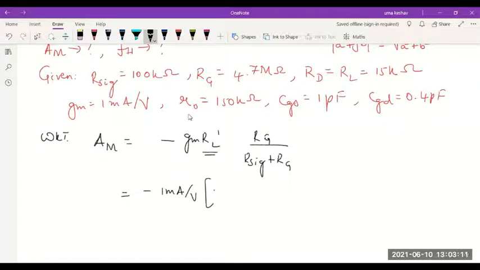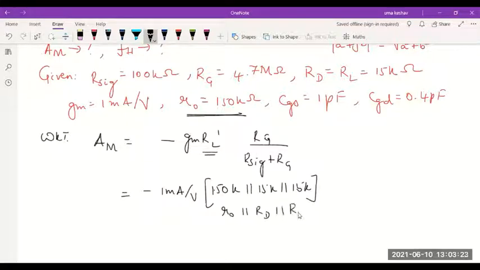R0, very small R0, 150K, in parallel with 15K in parallel with 15K. This is R0 in parallel with RD in parallel with RL. These two in parallel will be 7.5K. Two equal resistors in parallel means the equivalent resistance will be half of its value. You need not calculate that. You just calculate how much is 7.5K in parallel with 150K.